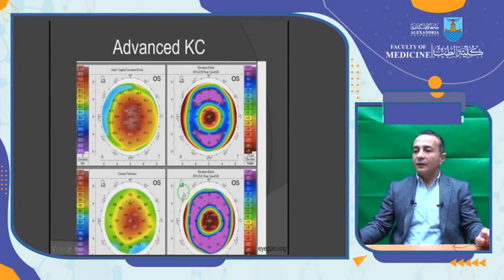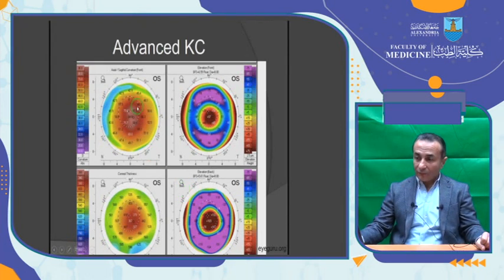On the other hand, this is a Pentacam of advanced keratoconus. As we can see in the topographic map, it is towards the red color, and the figures are 75, 84, 61, so it is all above 50 diopters. So this we call a steep cornea.